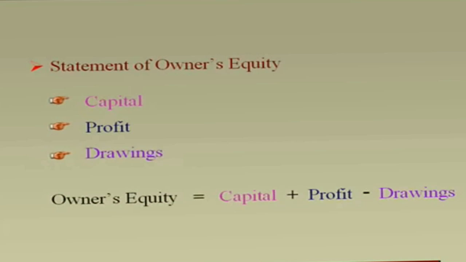Once we do the statement of owner's equity, the third type of report is called, I'm sure you know it, balance sheet. The balance sheet shows assets, it shows liabilities, and it also shows something else.